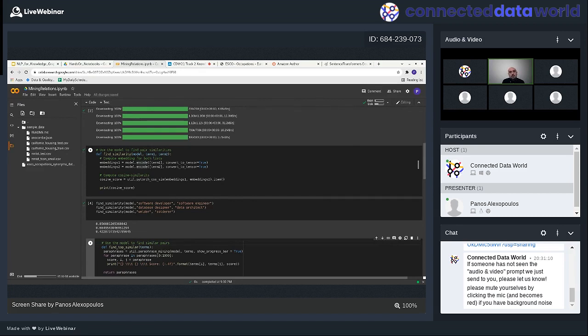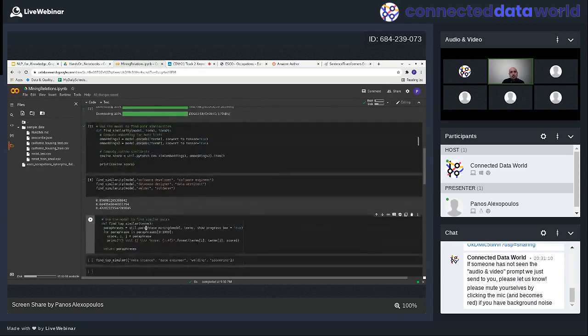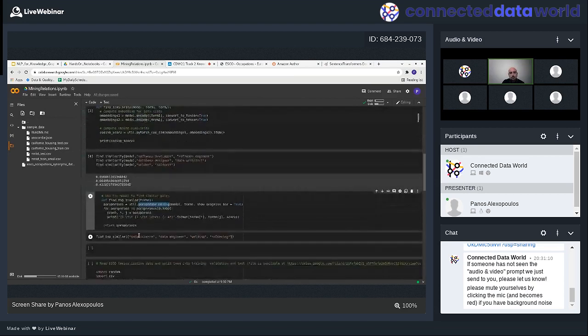Luckily for us, this particular library, SBERT, has an implementation called paraphrase mining that implements a more efficient algorithm with some heuristics that allows, for a given set of terms, to find the top similar pairs.